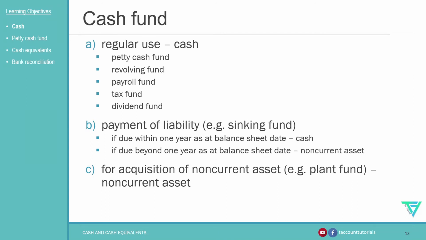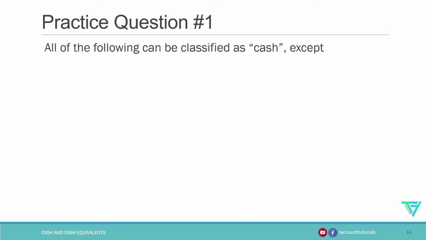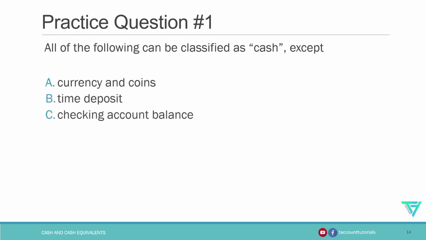So let's review the topics by answering some questions. The first question is, all of the following can be classified as cash except: letter A, currency and coins; B, time deposit; C, checking account balance; and D, post-dated check. In answering multiple choice questions, you must choose the best answer.